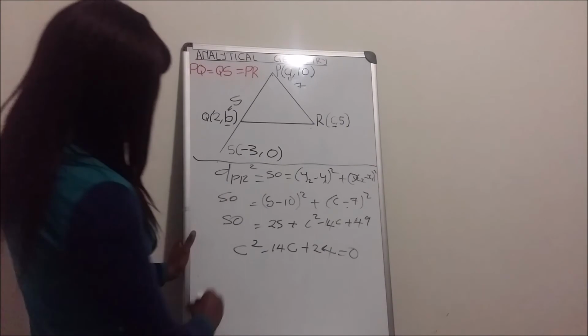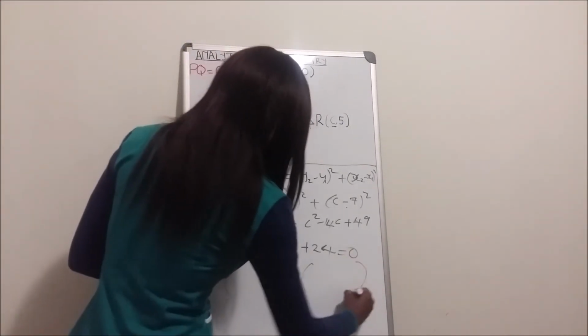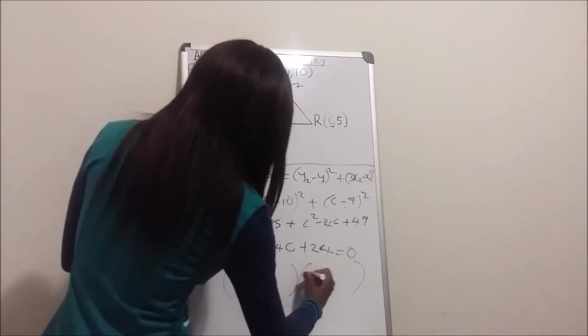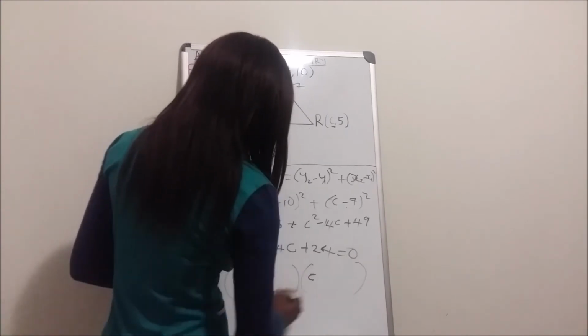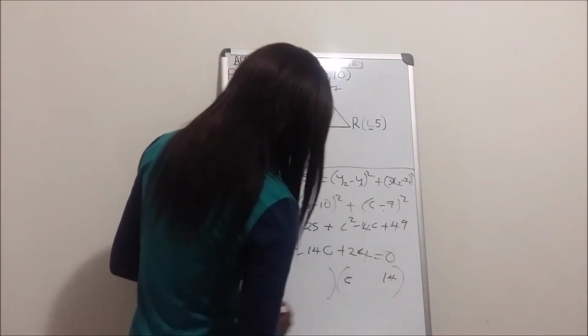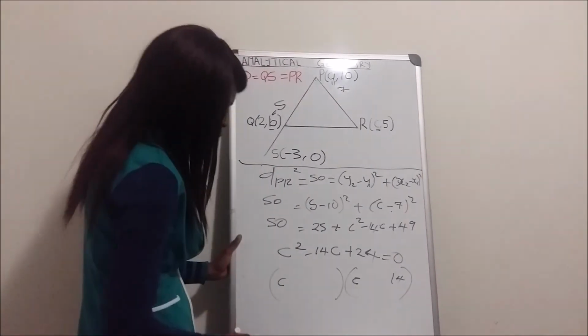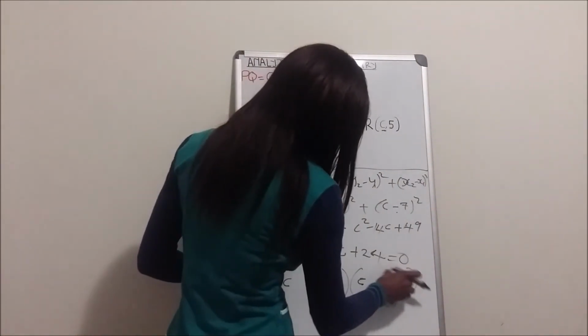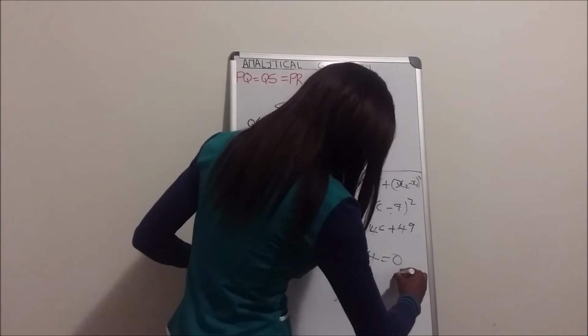Now to determine the value of c, it will be c and c, then we'll have 14. Not 14, it won't work.